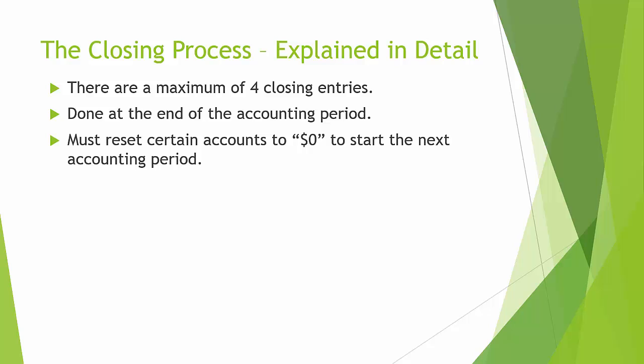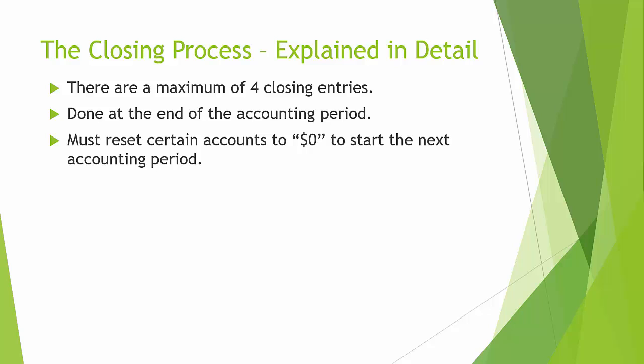Now, what do I mean by that? So remember the matching principle. You must match revenues and expenses in the period in which they occur. So if we think about it, we're going to have to close out some of these accounts. Specifically, revenues and expenses are 2 categories we'll definitely have to take a look at.